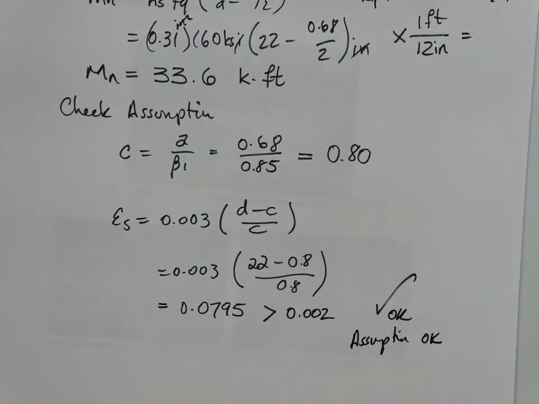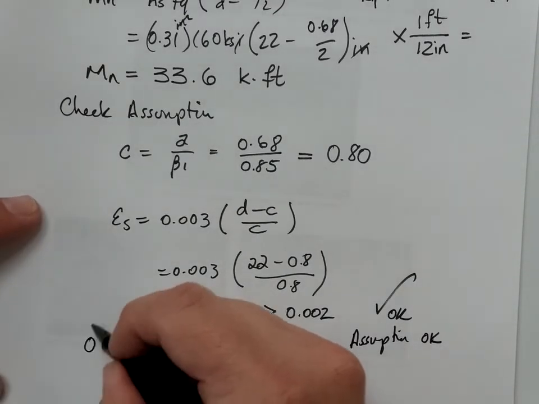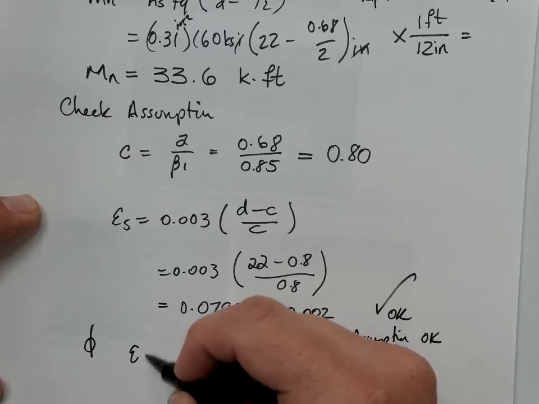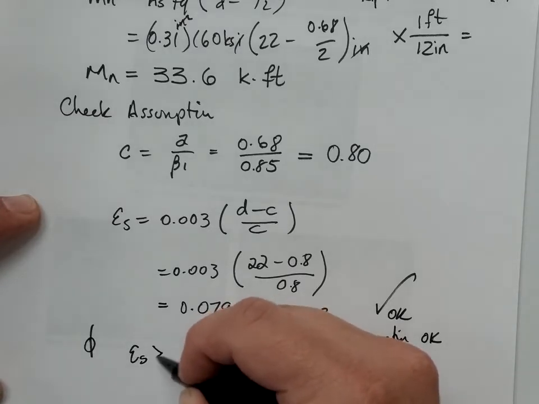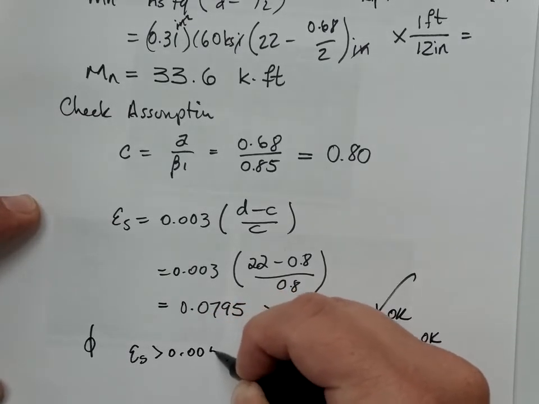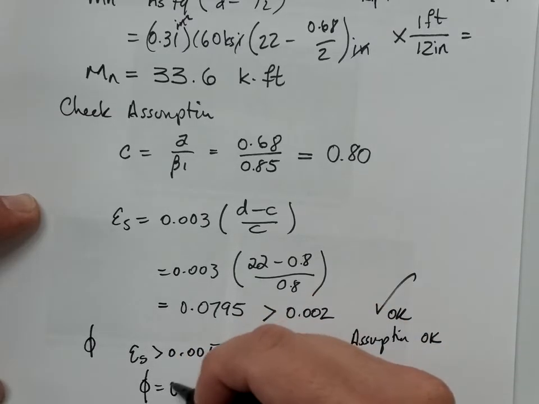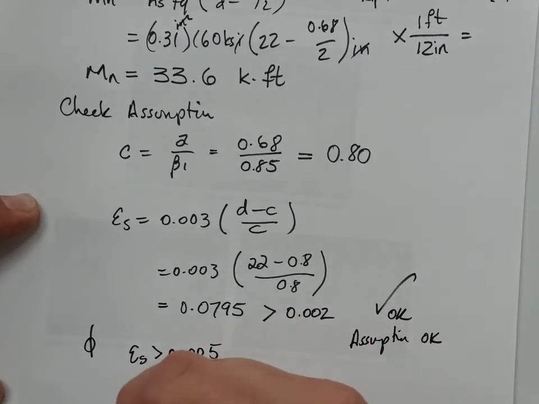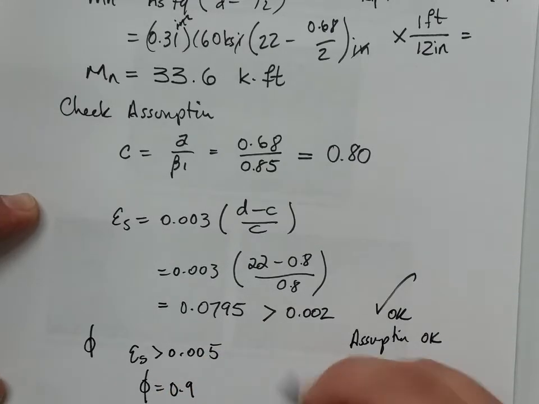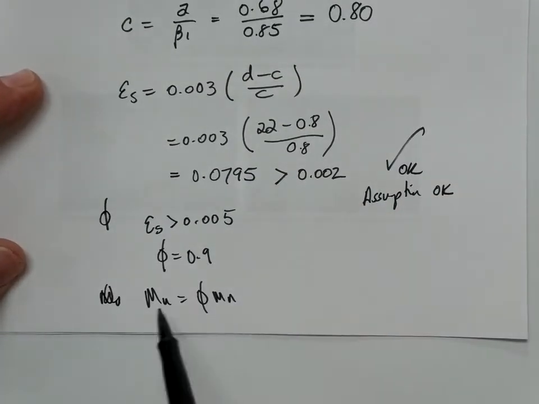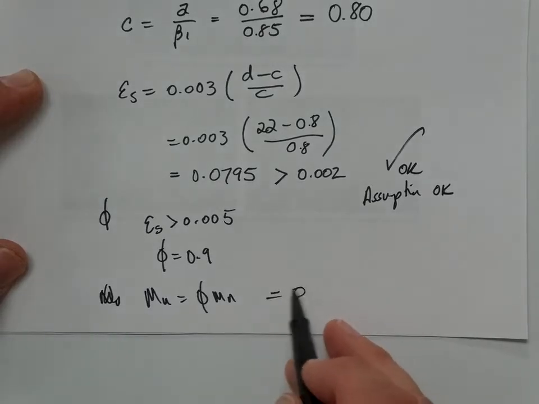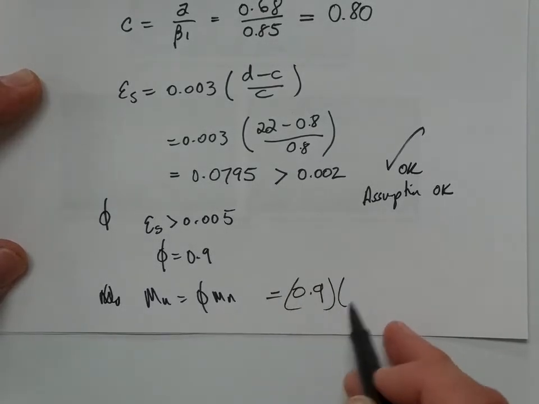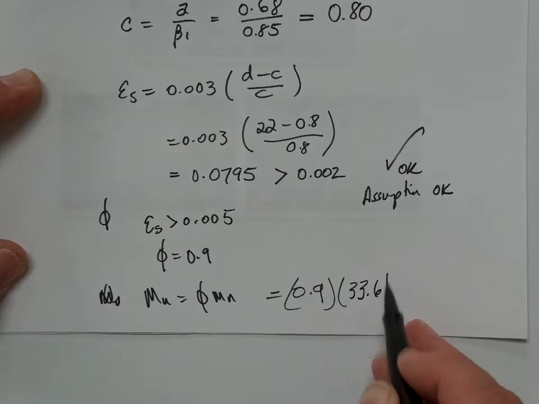So I checked. Now, my phi factor for this strain in the steel greater than 0.005, phi is equal to 0.9, and the ultimate moment is equal to phi times the nominal moment, which is 0.9 multiplied by 33.6.